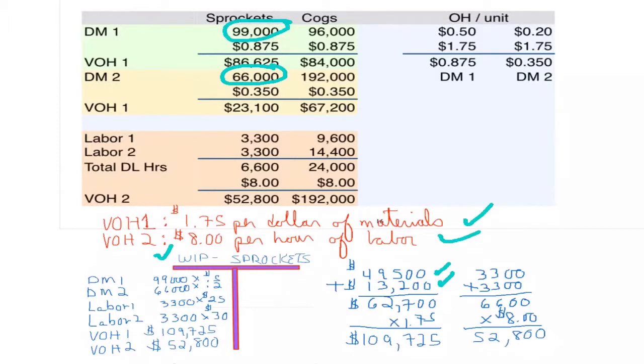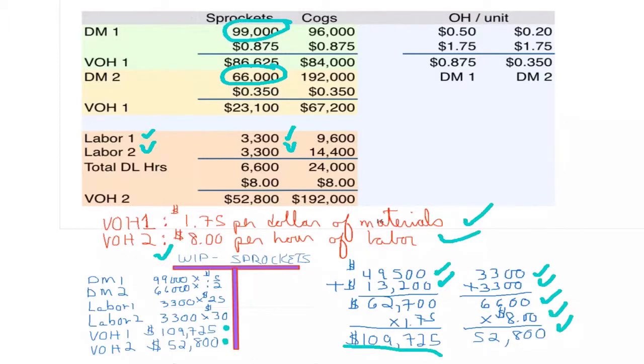If we multiply that by $1.75, we then see that the amount of overhead for variable overhead 1 is $109,725. Direct labor, on the other hand, once again, direct labor 1, direct labor 2, each was 3,300 hours. So we add those up, and we end up at 6,600 hours, $8 per hour, or a total of 52,800.